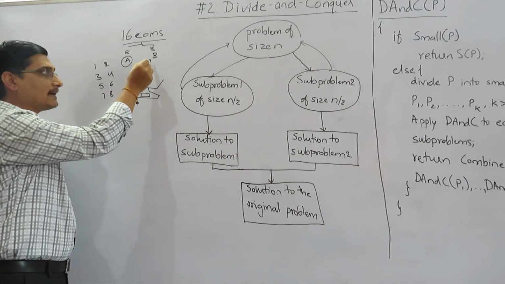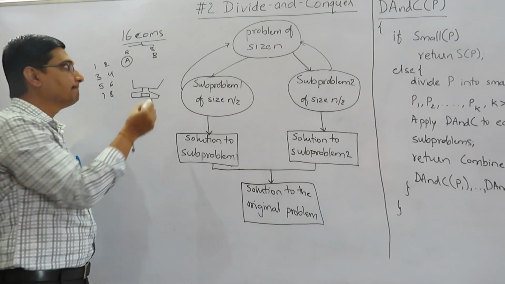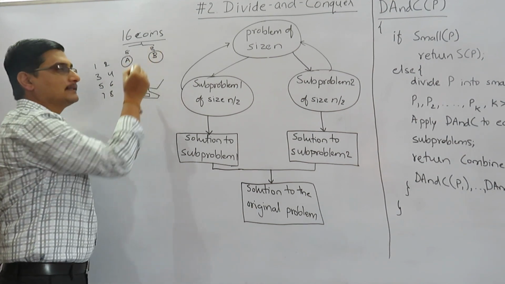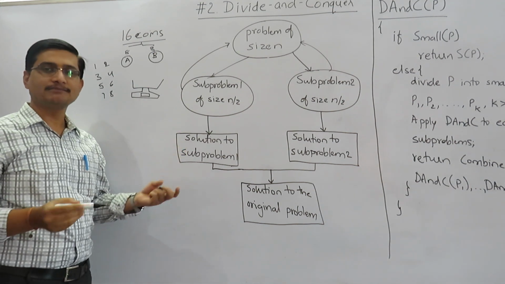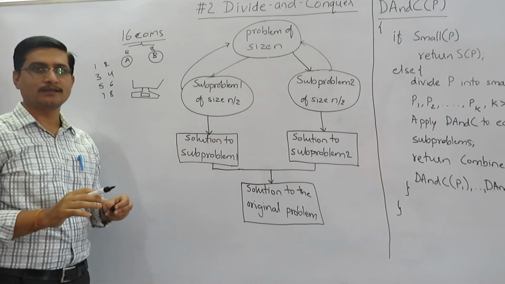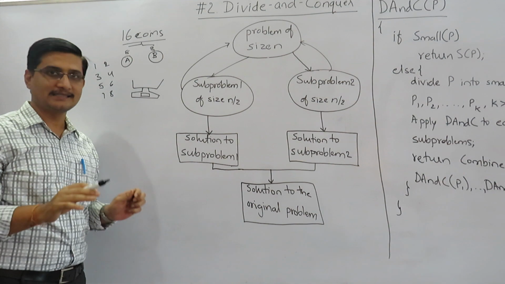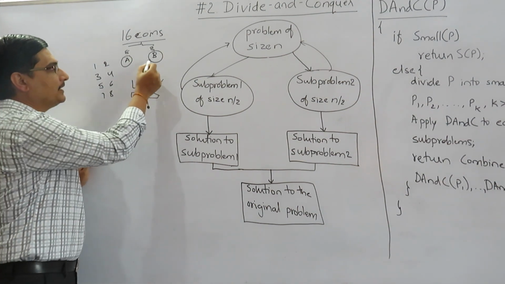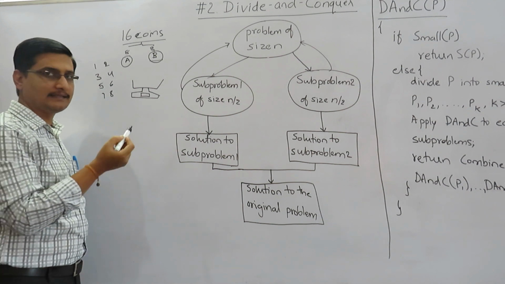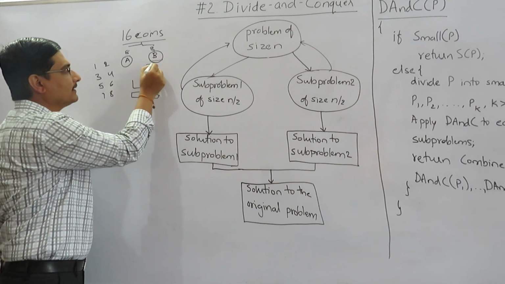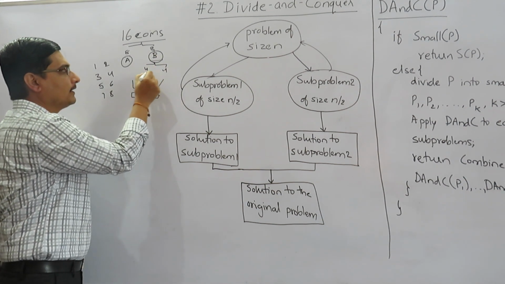If set B has less weight, then the counterfeit coin exists in set B. If both sets weigh the same, then the counterfeit coin doesn't exist, and we can say the problem is solved at this instance. So assume B has the lesser weight, so the counterfeit coin exists in that. Then we can divide this again into 4 and 4.